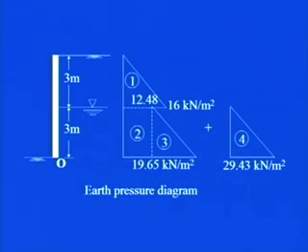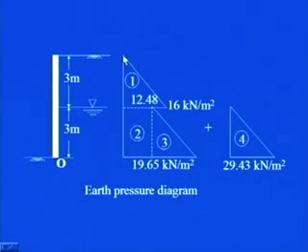Now you see here, the soil is different in the top and bottom layers and there is a presence of the water table also, and we have found out the pressure on top of this water table, the pressure on bottom of it, and then the pressure at z is equal to 6.